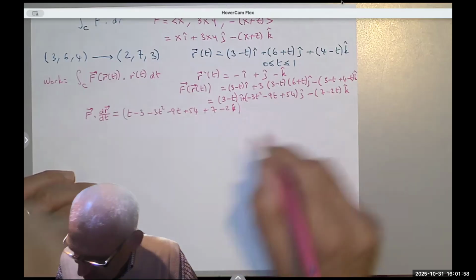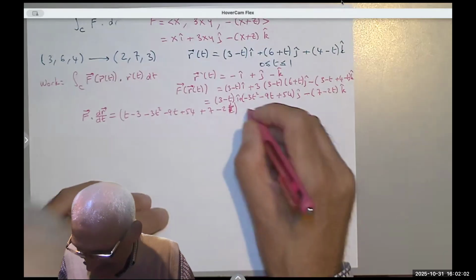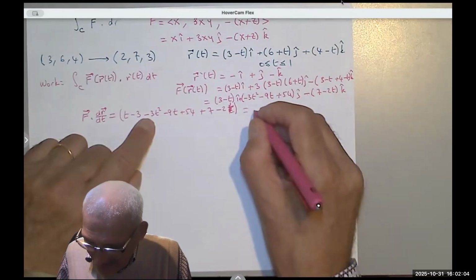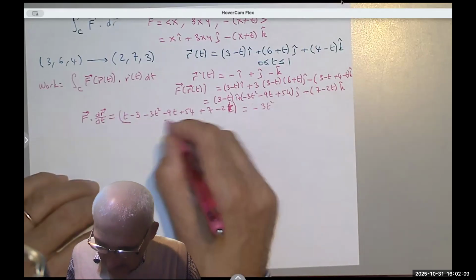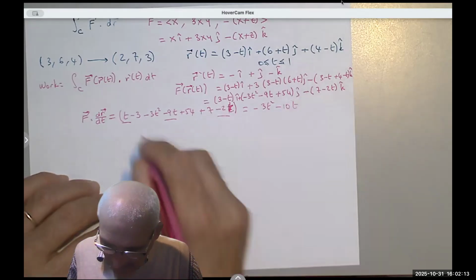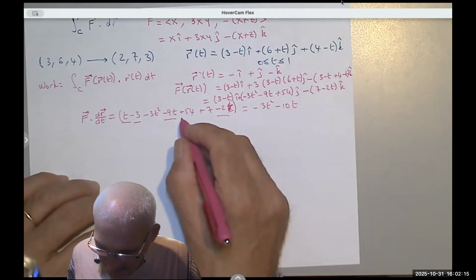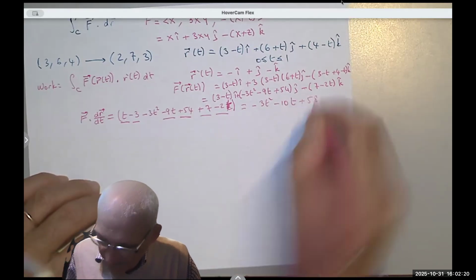Oh, I'm sorry, minus 2t, not 2k. Why did I say 2k? Okay, equals negative 3t squared, and then the t's I have t, minus 9 is negative 8, minus 2 is negative 10t, and then I have negative 3 plus 54 is 51, plus 7 is 58.